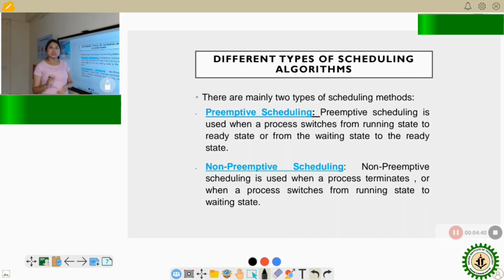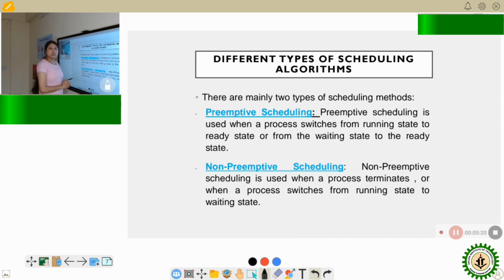First we need to know what is preemptive scheduling and what is non-preemptive scheduling. Preemptive scheduling is used when a process switches from the running state to the ready state, in the backward direction. A process is running, but due to some interruption, some IO operation, or the time quantum expires, or some higher priority process comes in, the process has to switch states.